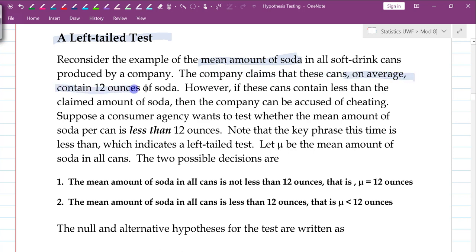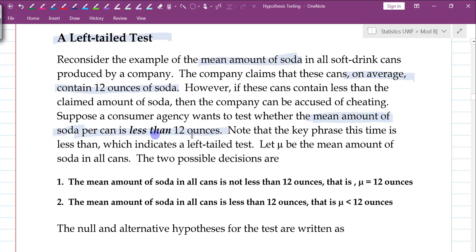However, if these cans contain less than the claimed amount of soda, then the company can be accused of cheating. Suppose that a consumer agency wants to test whether the mean amount of soda per can is less than 12 ounces.